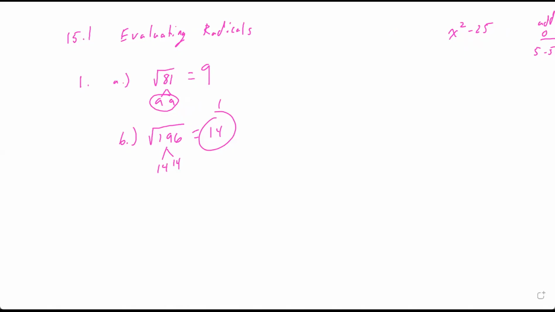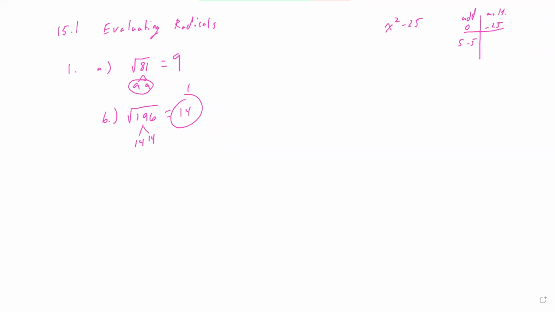Oh, I haven't seen Casio in a long time. Oh, there it is right there. Since the square root is yellow, you're going to want to hit the shift button that's yellow. So you'll do shift and then that button, and you're able to type whatever number you want. So in this case, 196.